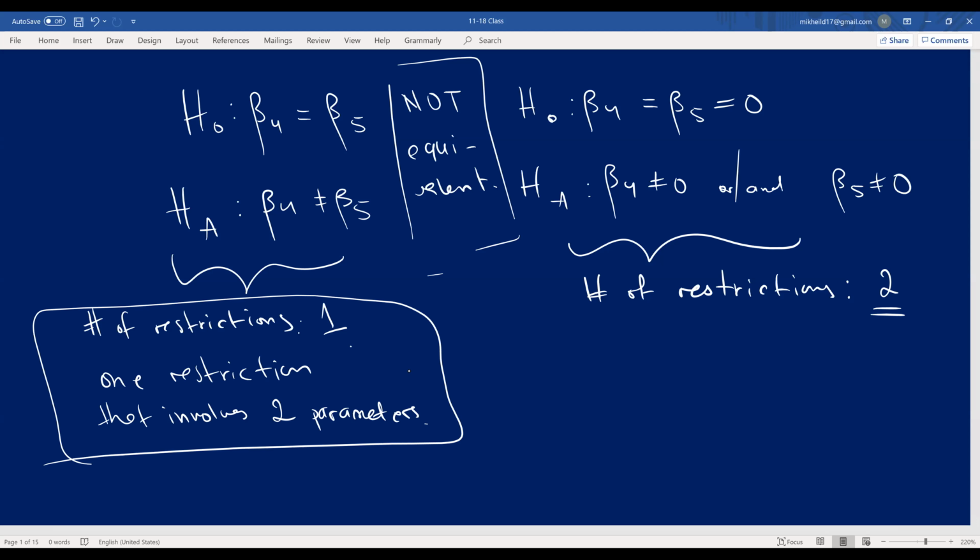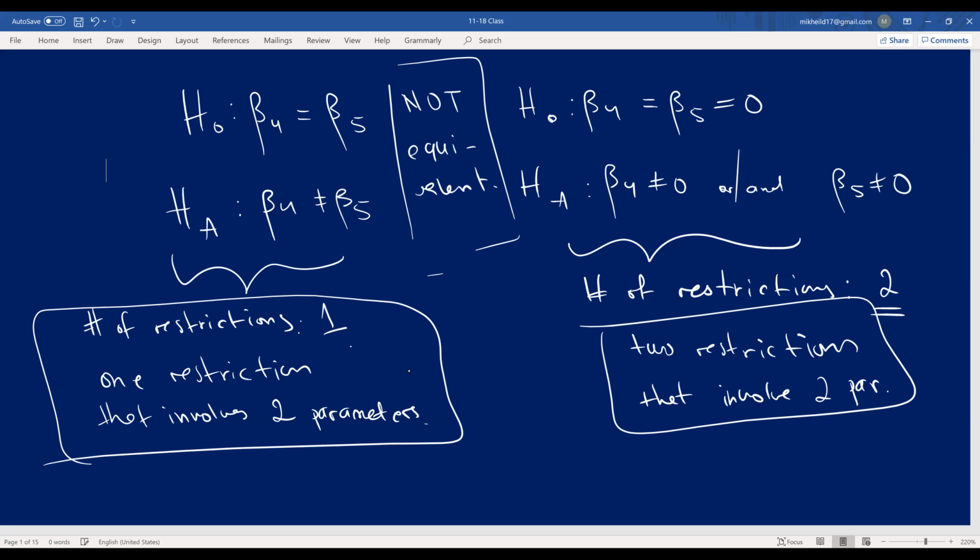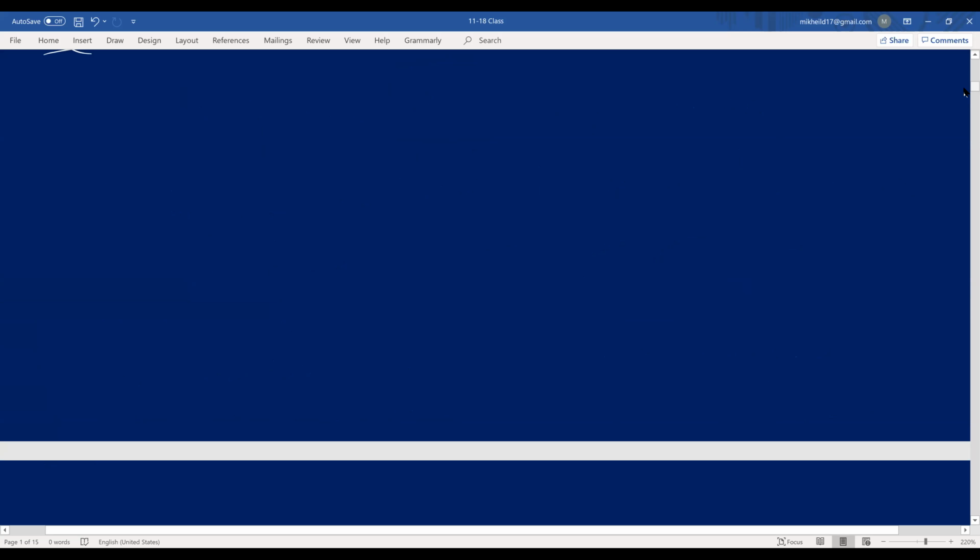Here we have two restrictions that involve two parameters. That is something that we need to keep in mind. Okay, now let's recall our model.